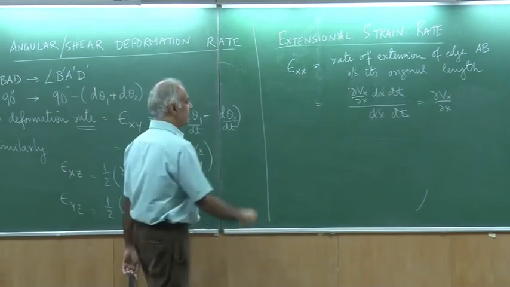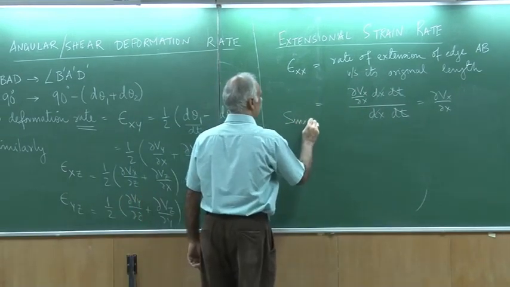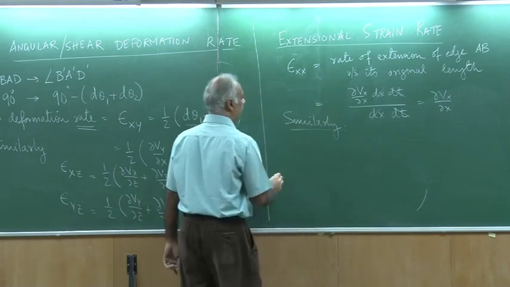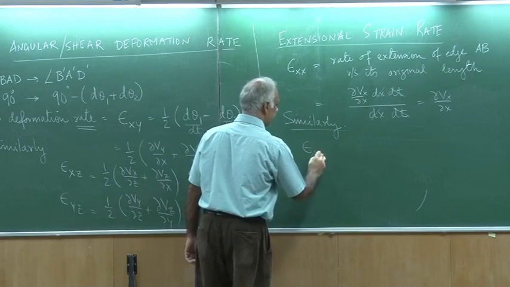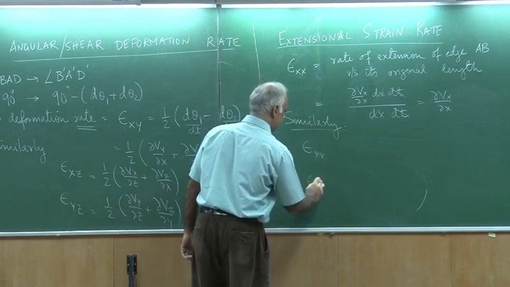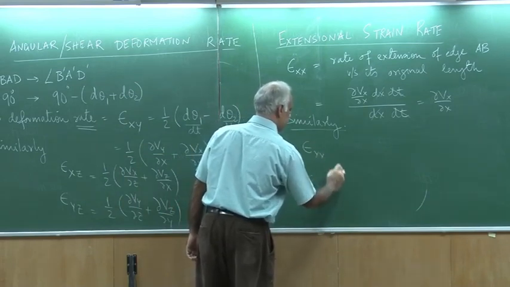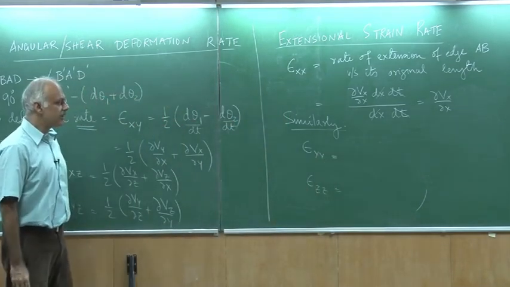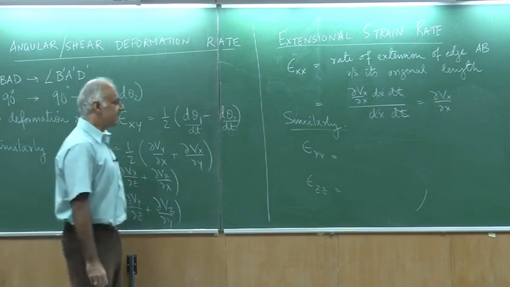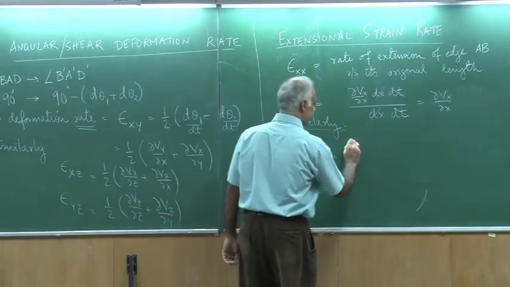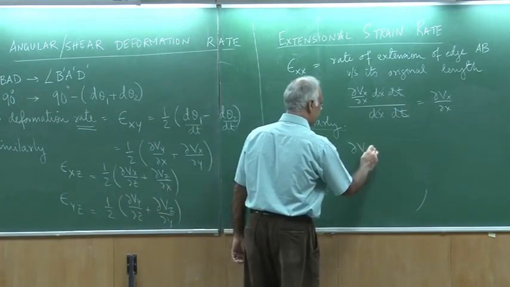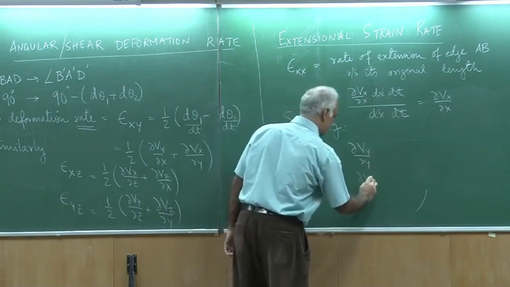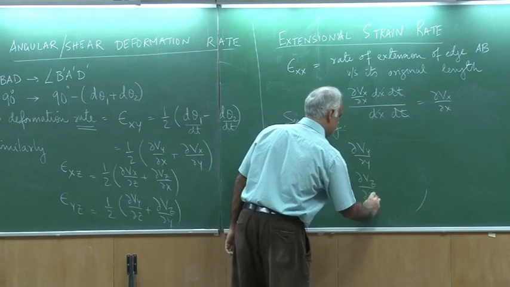Okay. Similarly, I could talk about Eyy and Ezz. So, these are the extensional rates along the y direction and z direction, and these would turn out to be del Vy by del y, and this one would be del Vz by del z.